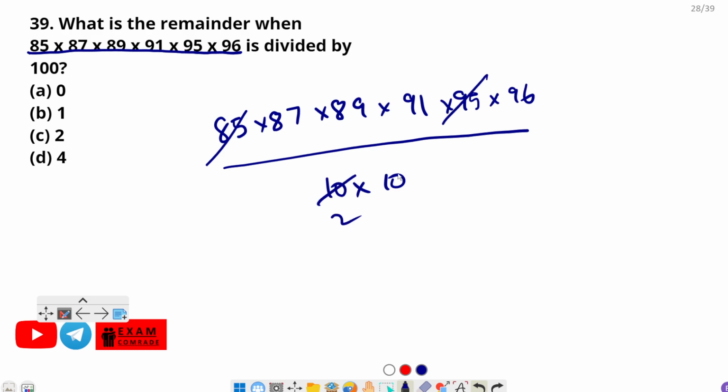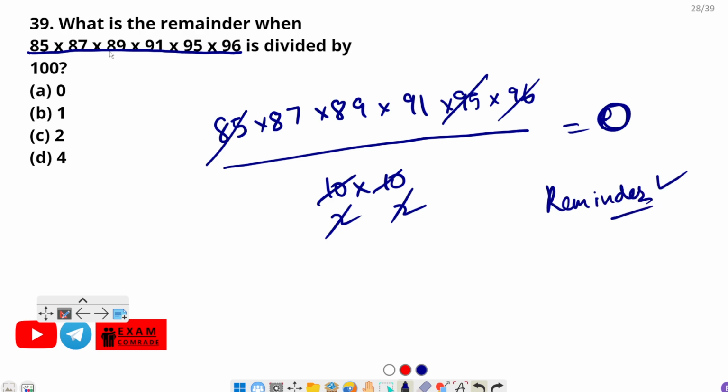So let's cancel out. There are many 2's in 96, so we can cancel 2 2's. The answer will be 0. As this term contains 2 5's and multiple 2's, so this will always be divisible by 100. So the remainder will be 0. This is a very easy question.